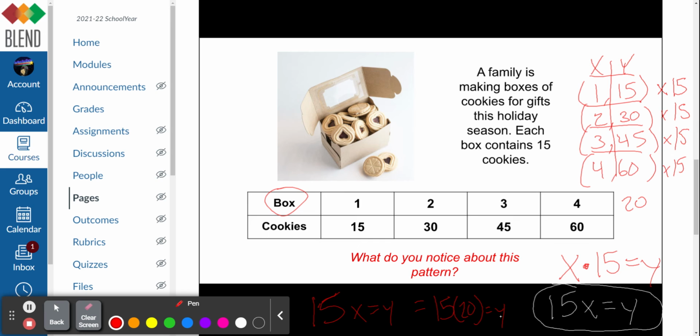And then if we did 15 times 20, 0 times 5 is 0, 2 times 5 is 10, carry the 1, 2 times 1 is 2, plus 1 is 3.